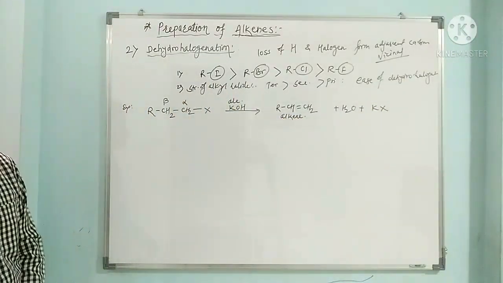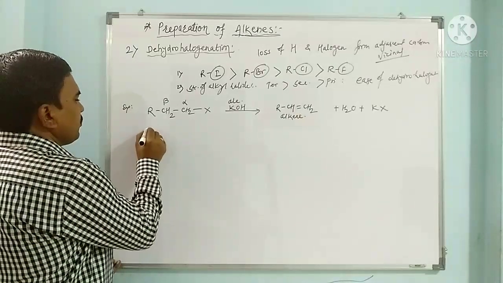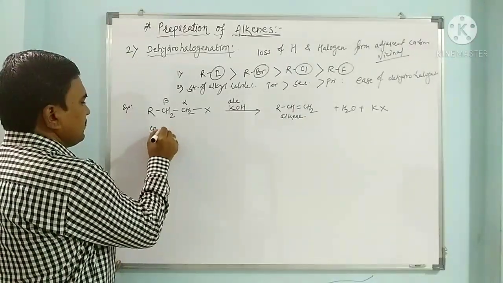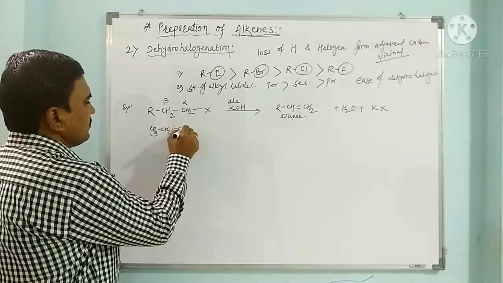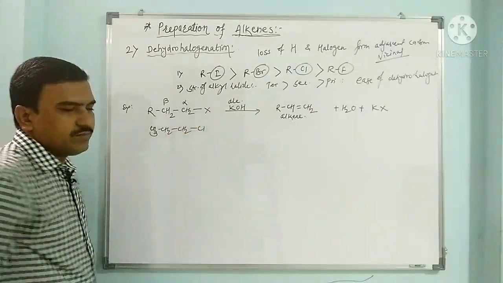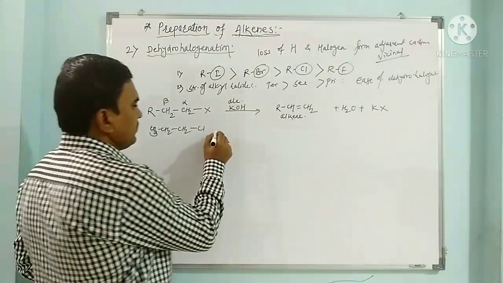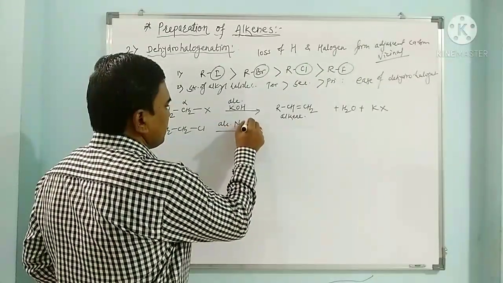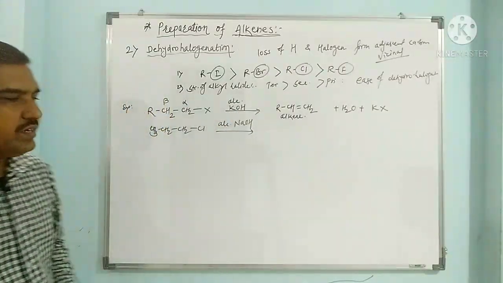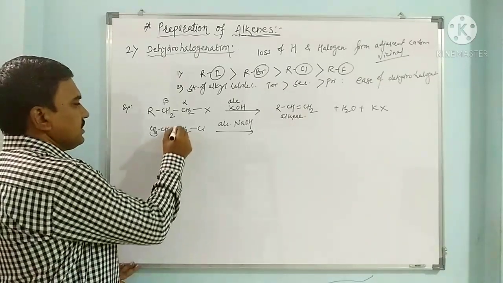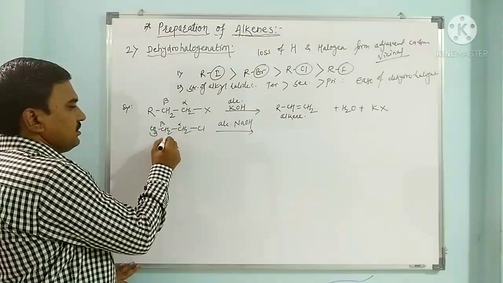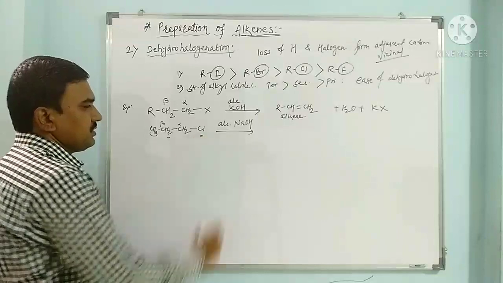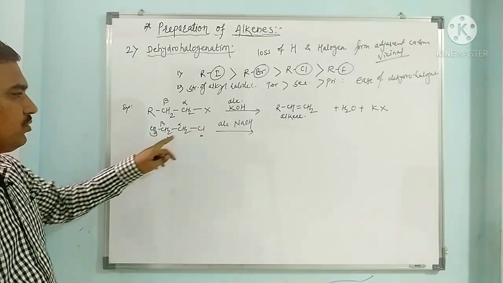When we have an example such as propyl chloride, CH3 CH2 CH2 Cl, when this propyl chloride reacts with alcoholic base such as KOH or NaOH. So here this is alpha, this is beta, so this proton is lost from this, Cl is lost from this, so dehydrohalogenation.